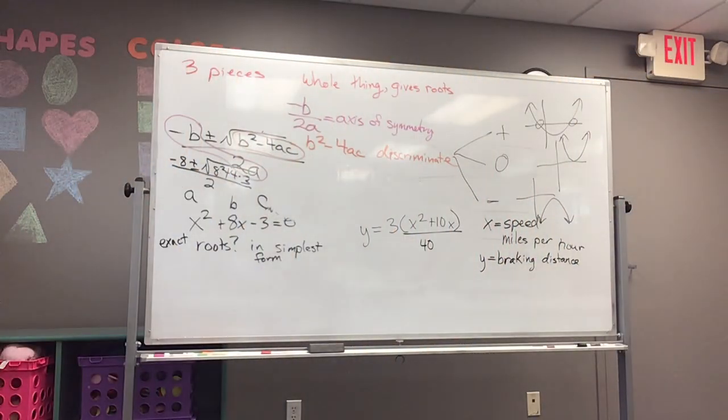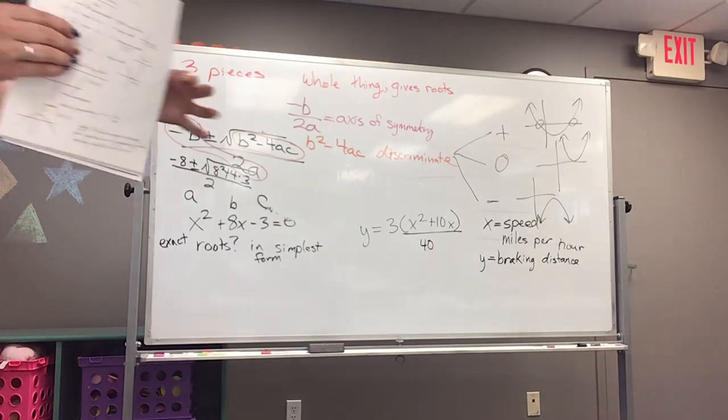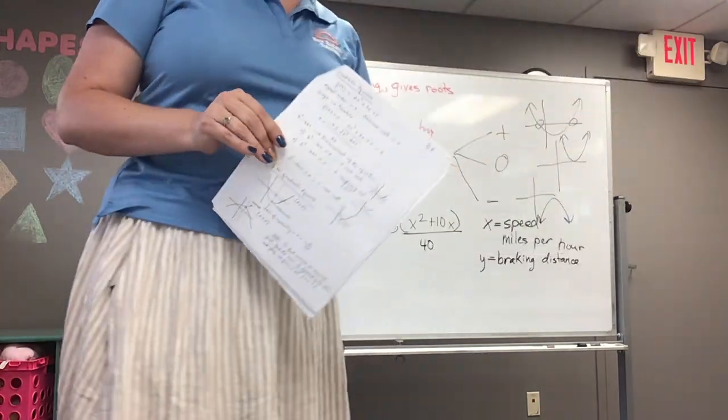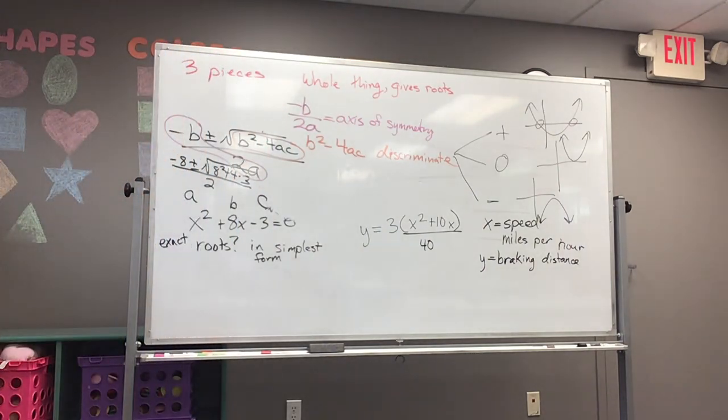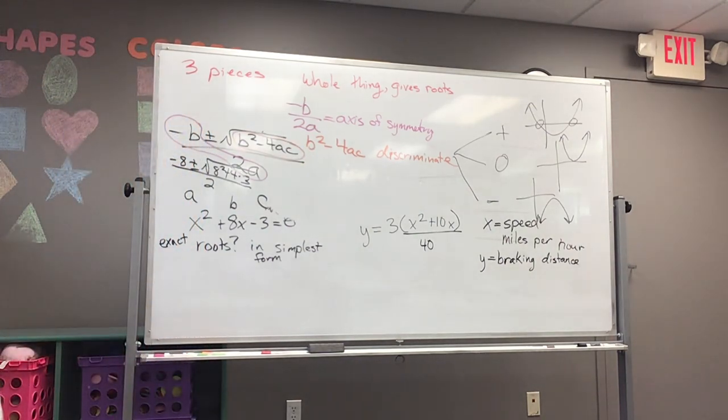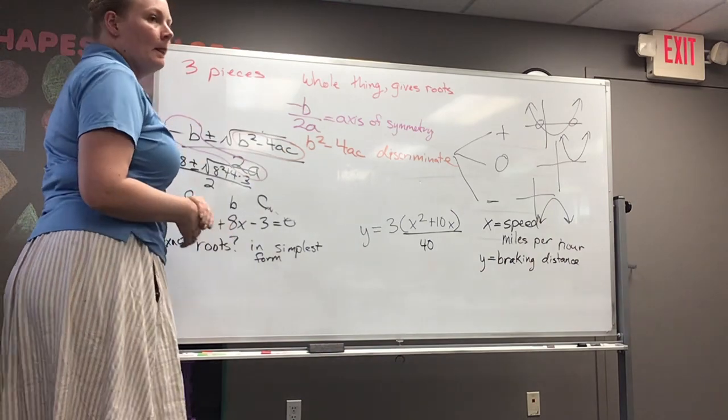If you look at page 8 in this booklet, it's got that written out in more detail. So you'll notice the middle of the page has the discriminant, and then the next thing below that talks about the axis of symmetry.